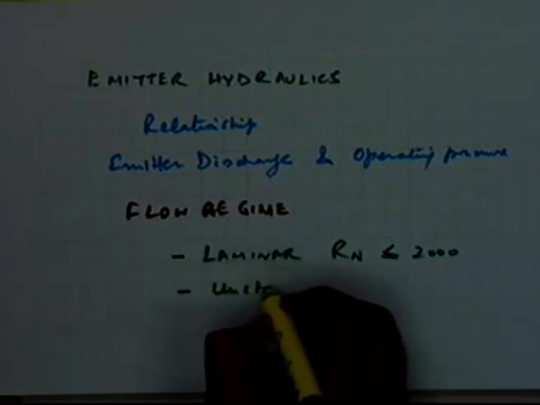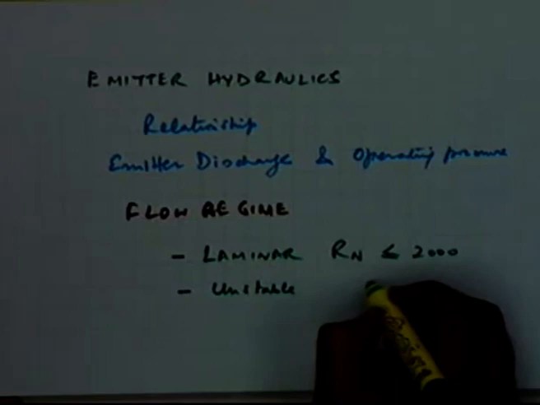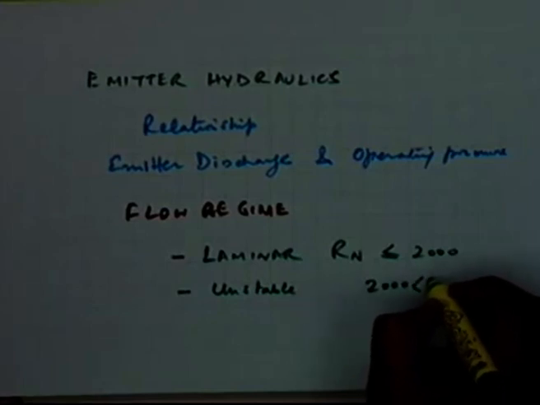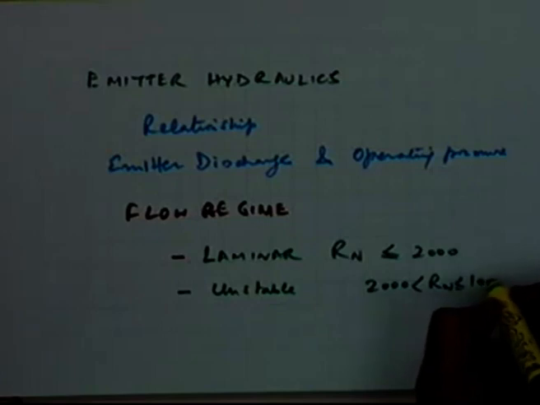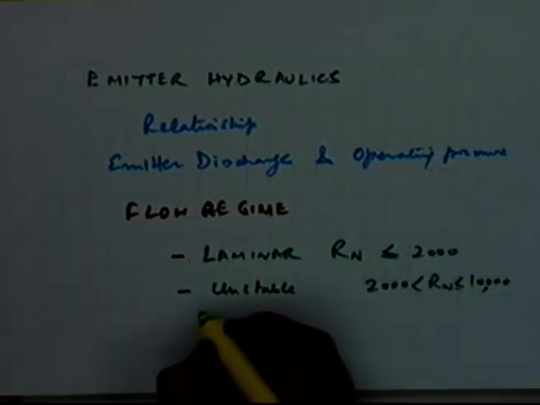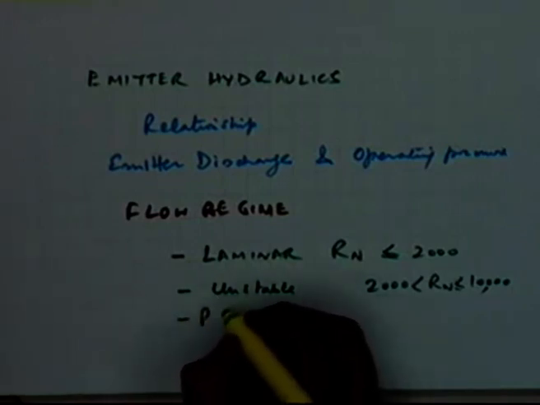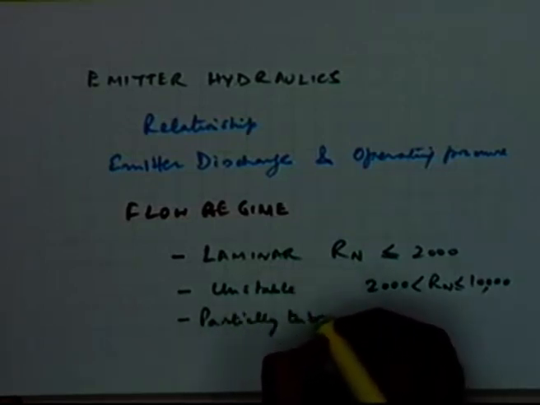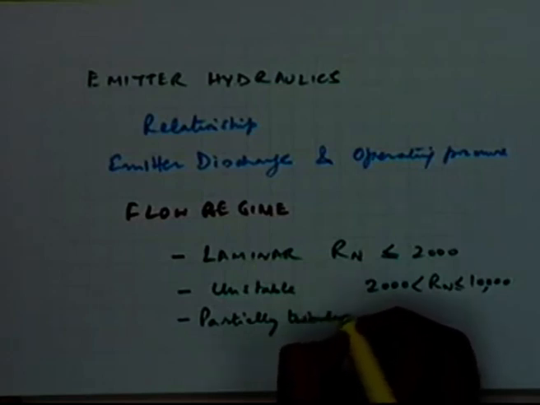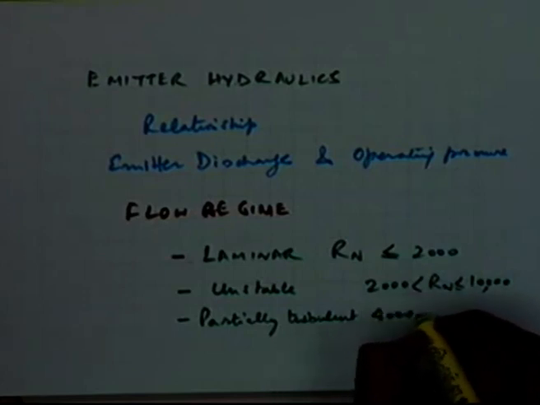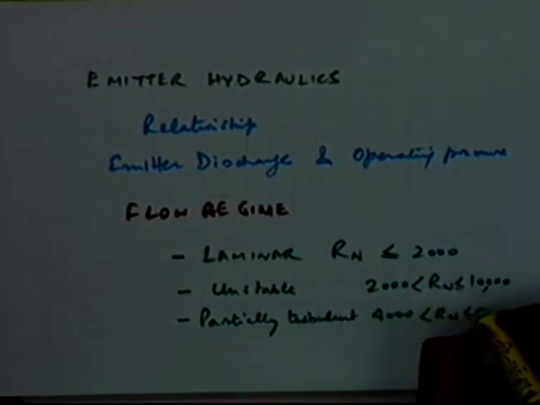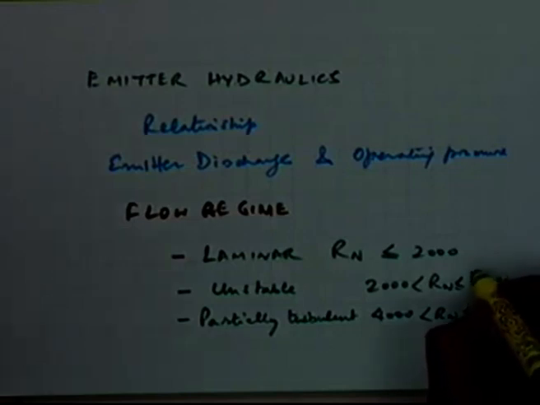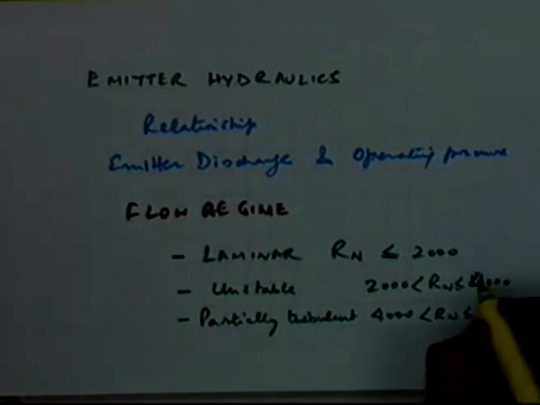It will be an unstable flow regime if the Reynolds number is between 2000 and 4000, extremely sorry, not 10,000, partially turbulent in this range.